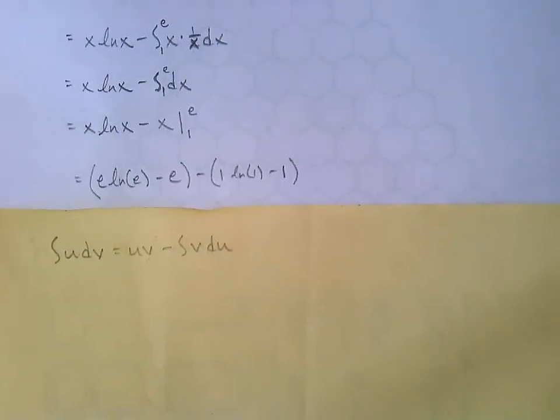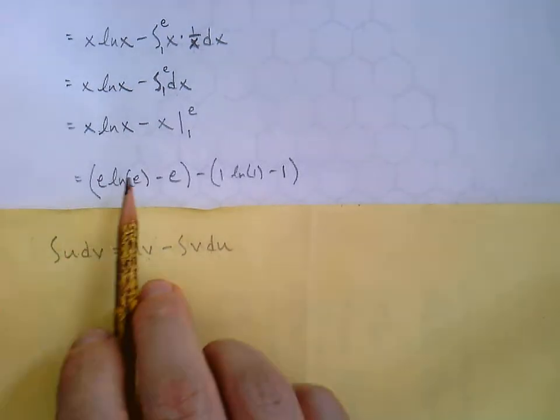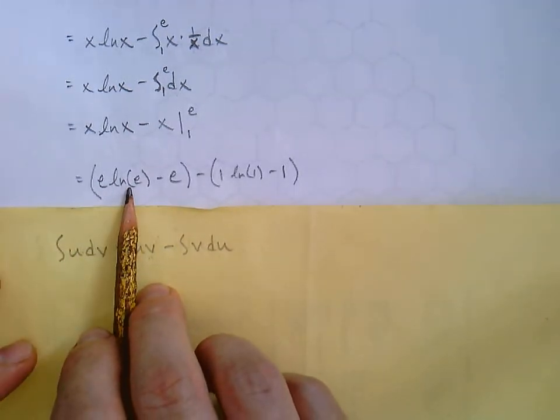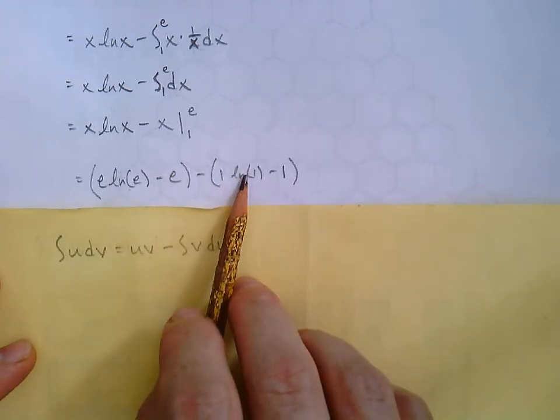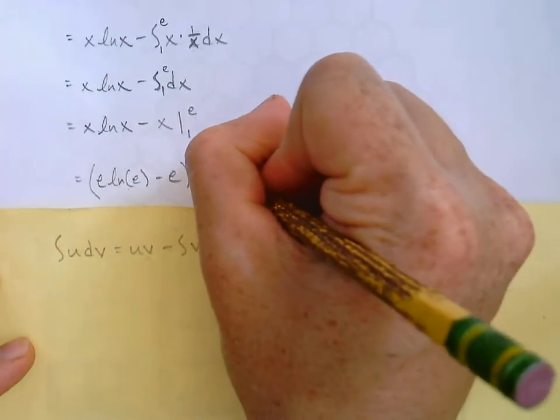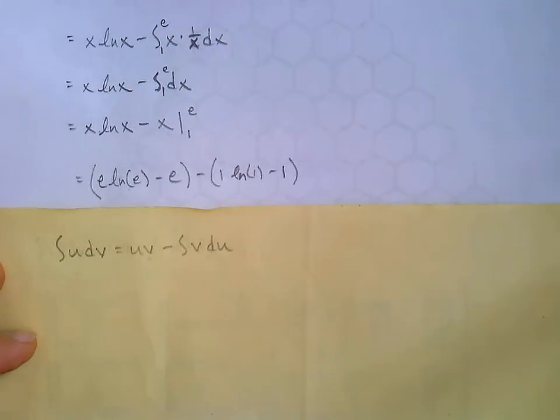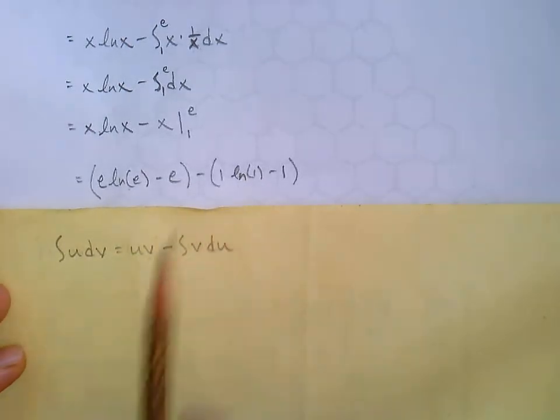And at this point, you'll need to remember your rules for natural log of e, natural log of 1. Natural log of e equals 1. And the natural log of 1, do you guys remember what the natural log of 1 equals? And if you don't, grab a calculator. If you do, even better, that is 0.